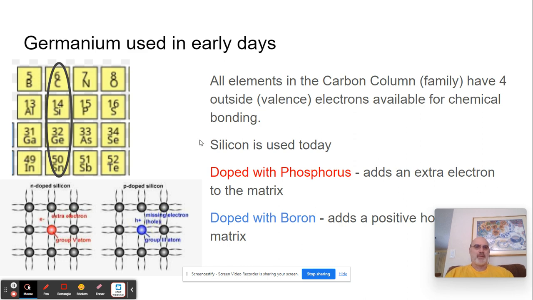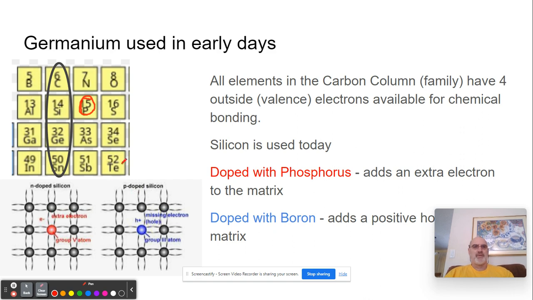But if you dope silicon with phosphorus, which you can see is right next to silicon, it's pretty much the same size as silicon since it's next to it, but it has an extra electron because it's in the next group. The next group they all have five instead of four, and so that gives an extra electron to the matrix, and now there's an extra one floating around that can travel.